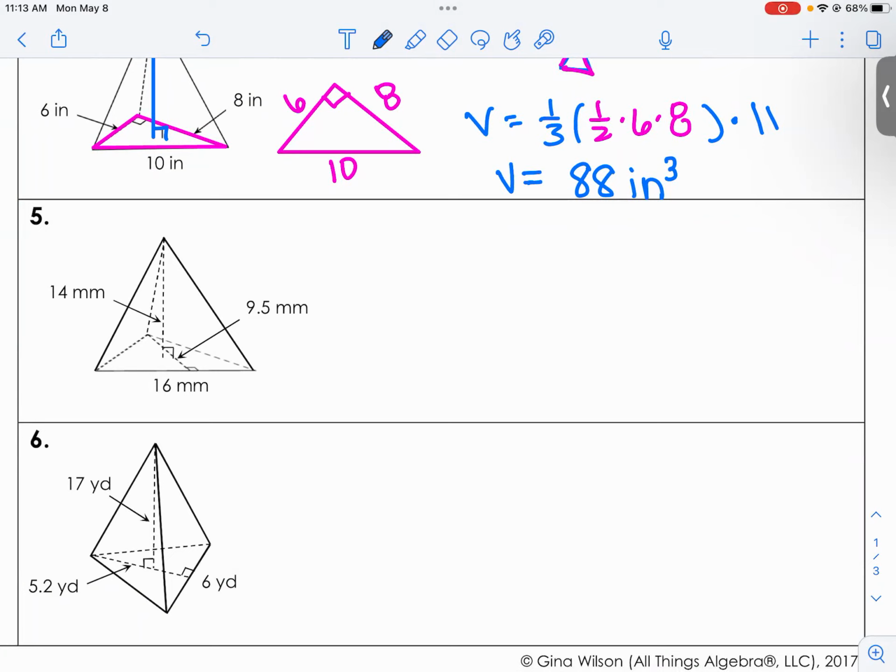All right, you try number 5. See what happens with number 5. Try number 5. Well, this problem's almost easier, huh?